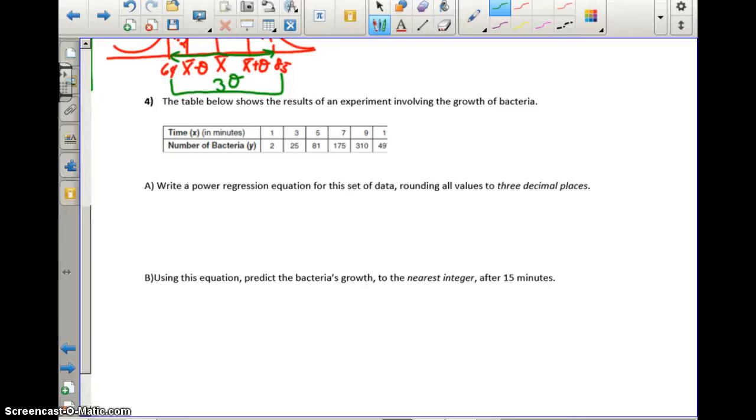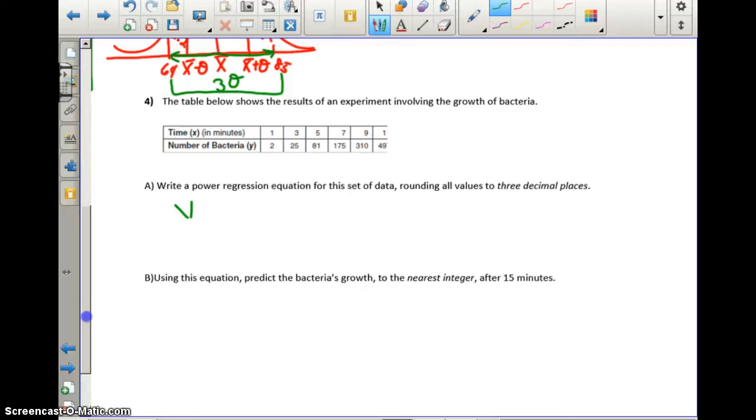Now that you have that in, if you have a newer version of the calculator, when you hit stat, and then you go to calculate, and then you cursor down to power regression, make sure that you take the frequency off list 2. The newer calculators only. The older calculators, you don't have to worry about that.